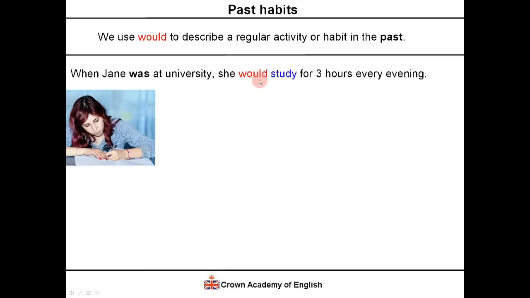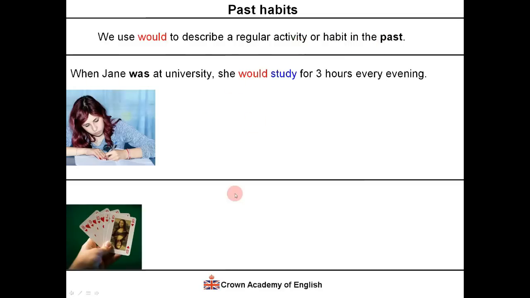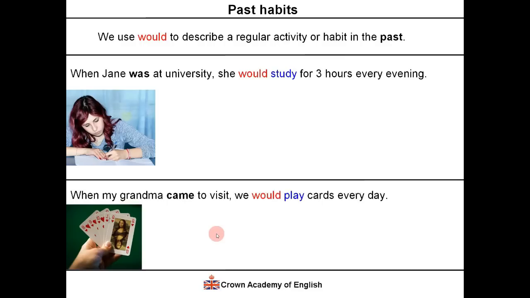Okay, so we use would plus obviously the base form to describe a regular activity in the past. Another example. When my grandma came to visit, we would play cards every day. And again, this is an action in the past. Okay?